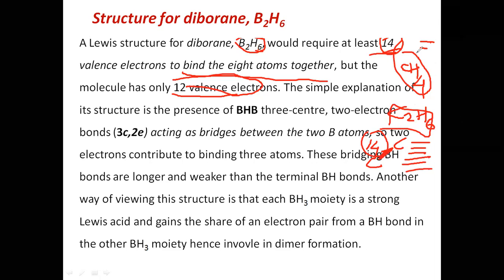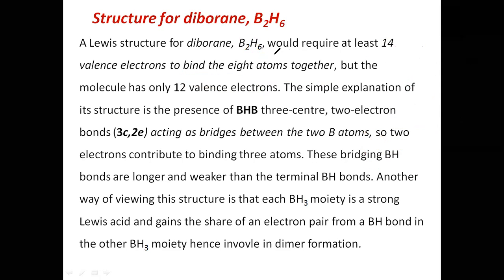But in the case of B2H6, the expected electrons are not there. There are only 12. Therefore, the structure of B2H6 is somewhat different from expected. The simple explanation is the presence of BHB three-center two-electron bonds.